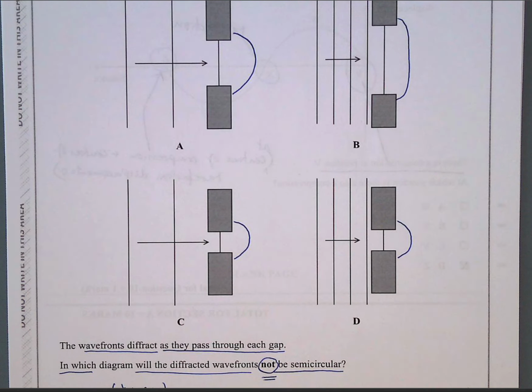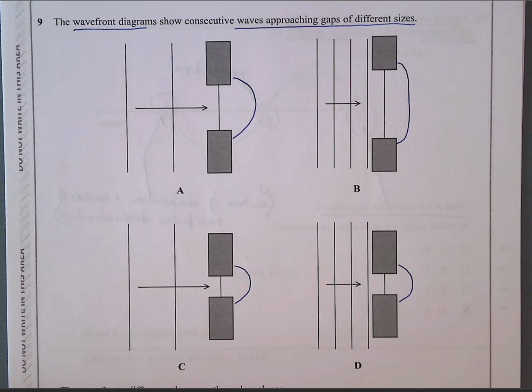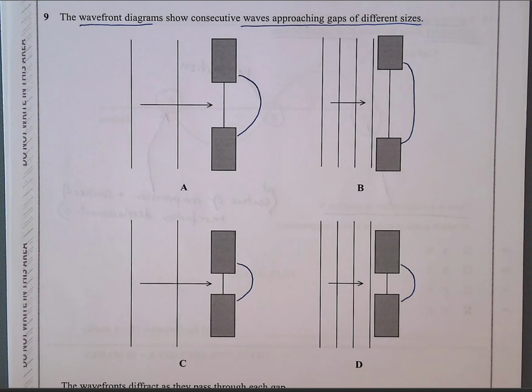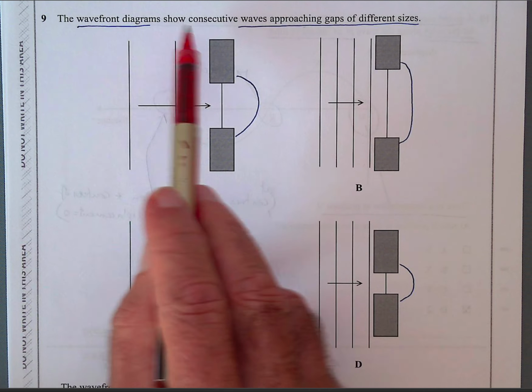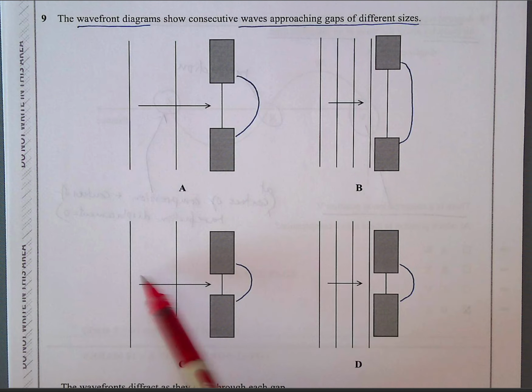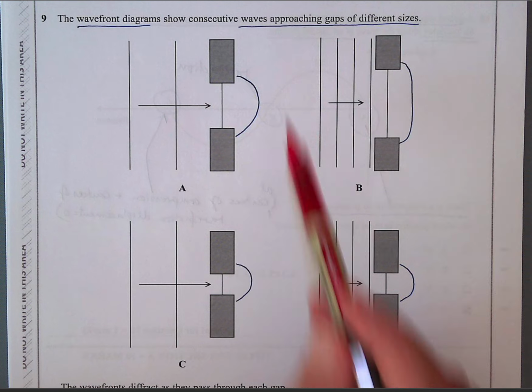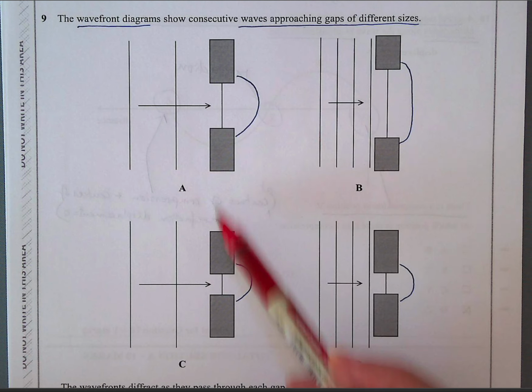That's question 8. Question 9 is about diffraction and making sure you have a good knowledge of diffraction. These are 4 scenarios. The wavefront diagrams show consecutive waves, so the wavefront shows the wavelength of the waves. These waves are shorter, these waves are longer, approaching gaps of different sizes.